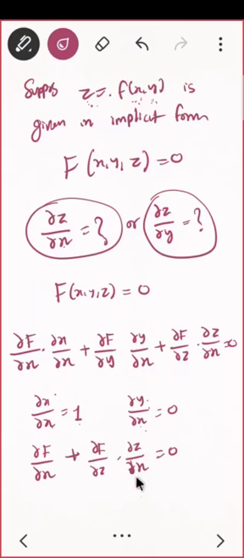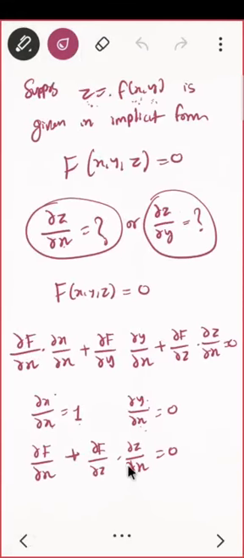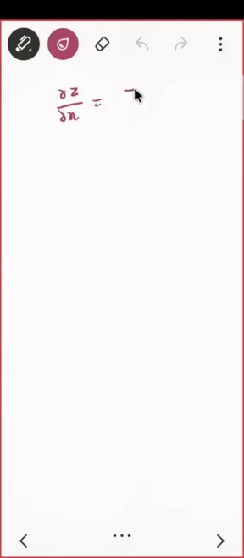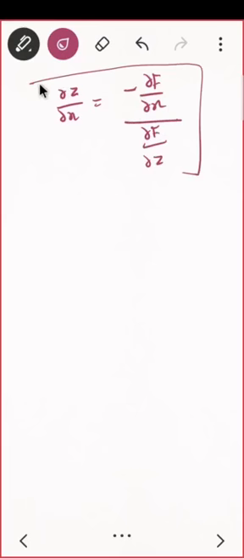Now can you see that I can find dou z by dou x quickly? That is dou z by dou x. Taking this term to the other side it will be negative. That will be minus dou f by dou x divided by dou f by dou z. So here you have the result.